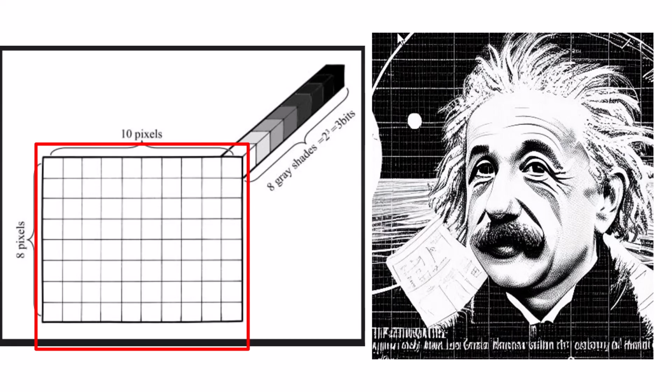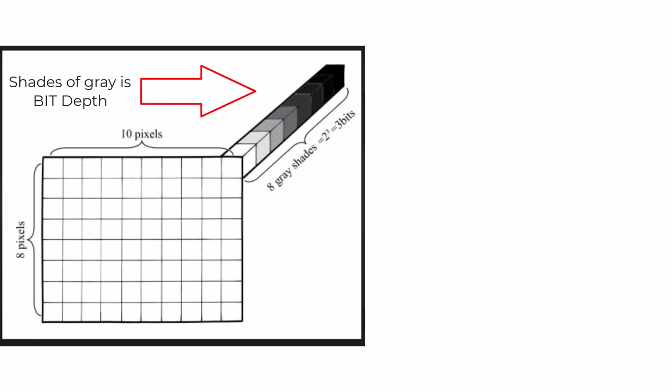So remember, when we have rows and columns together as pixels, that's the matrix. The number of shades of gray that we can see is called the bit depth. The larger the bit depth, the more dynamic range, the more information we can actually show.